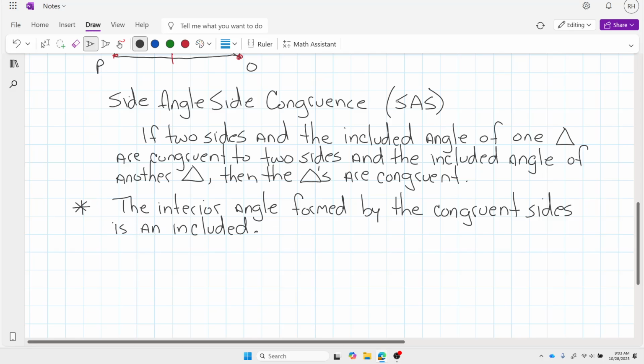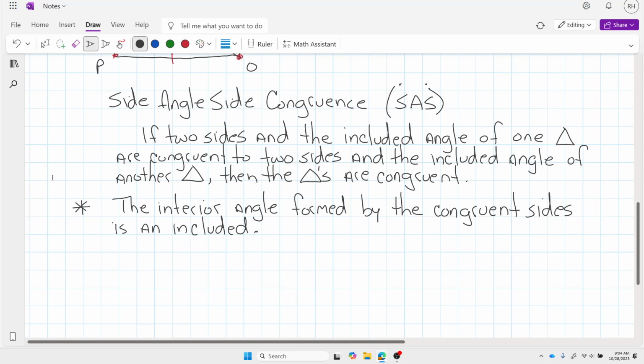That means the angle that you're using to write the congruent statement must be formed by the two congruent sides. All right, and I'll show you some examples of both.